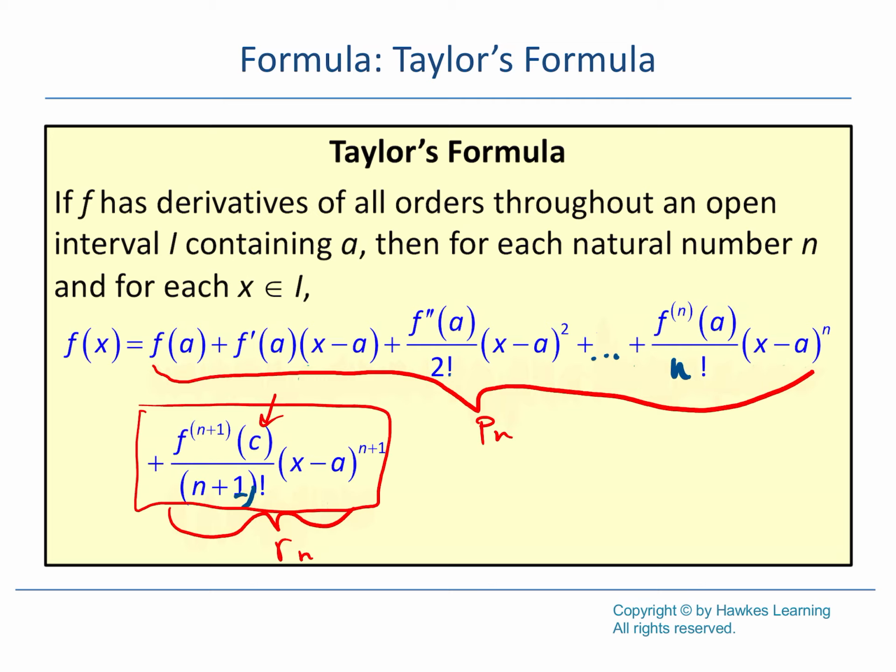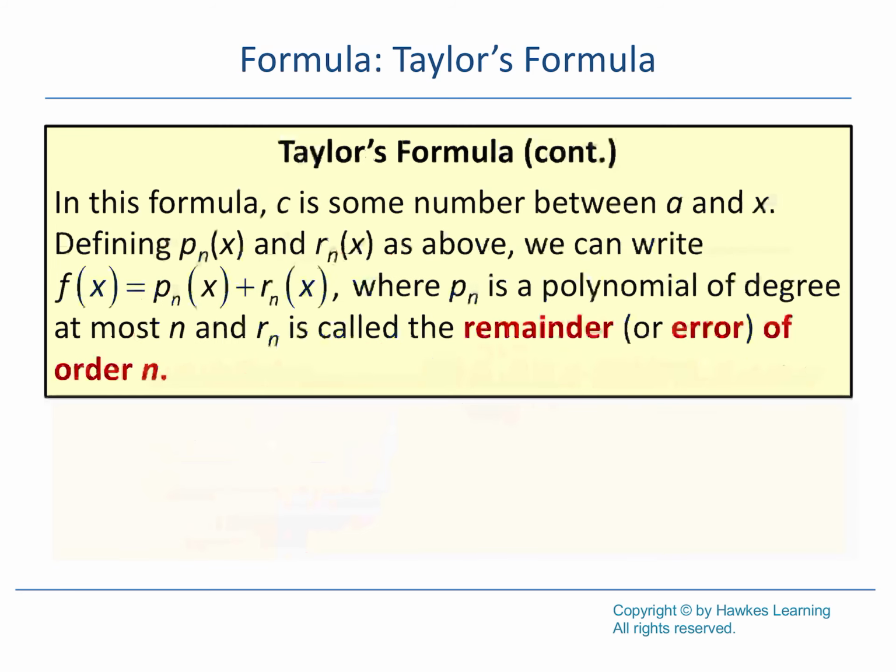And so it's a bit of a mystery in a lot of cases. But if we can prove that this remainder term goes to 0 as n approaches infinity, then we're going to be able to prove that our Taylor polynomials converge to the actual function that we want to converge to. So we've split up f of x into Taylor polynomial plus remainder term.